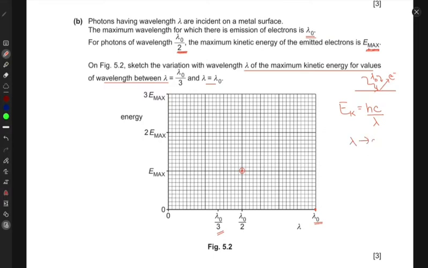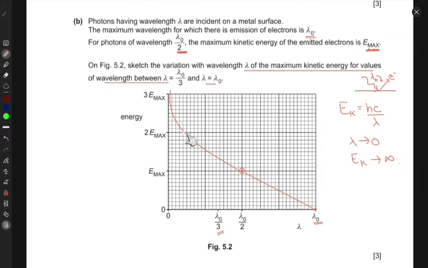If lambda in this equation goes to 0, then the kinetic energy tends towards infinity, which means that you would observe a vertical asymptote at lambda equals 0, which means that the curve never touches this axis but goes parallel with that axis, and then it will curve something like this, and then from this point onwards it will be a straight line with a decreasing gradient. That would look something like this.